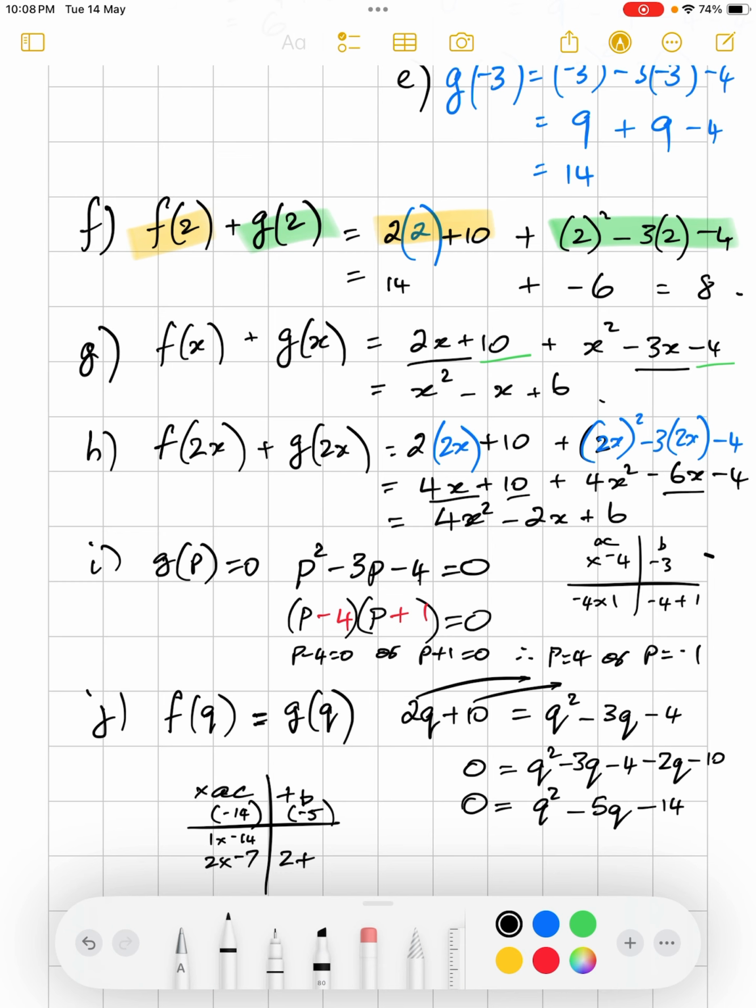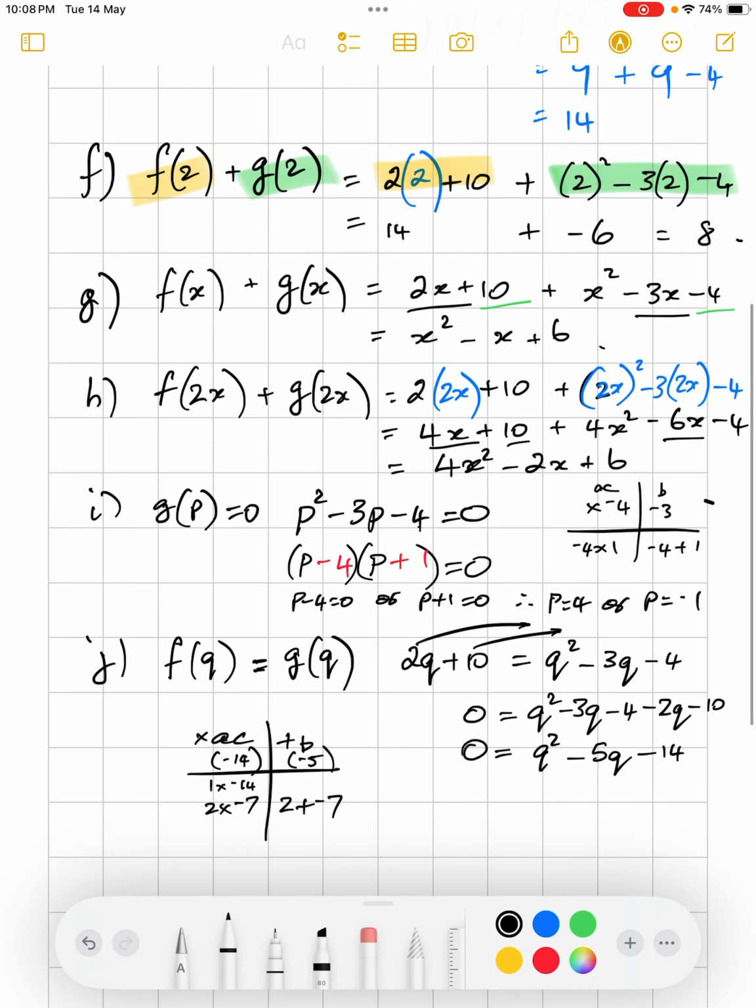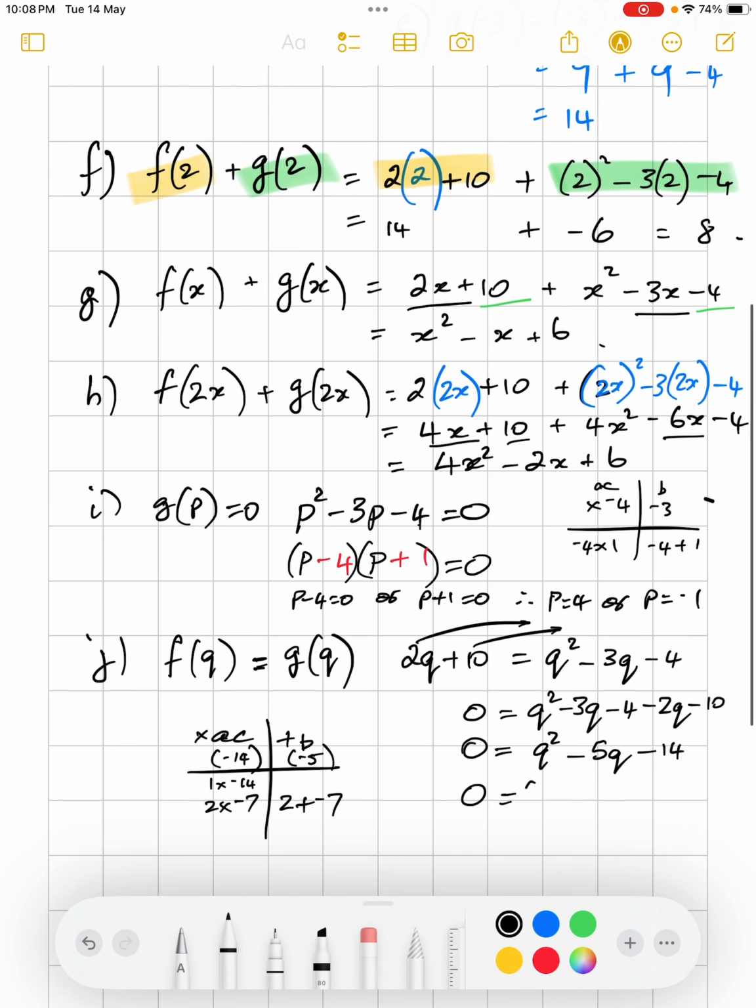There it is. 2 plus negative 7 is negative 5. So 0 equals, open the two brackets, q, because it's just one q, we don't need anything else, and put a plus 2 and a minus 7, because there are two numbers that we discovered over here.